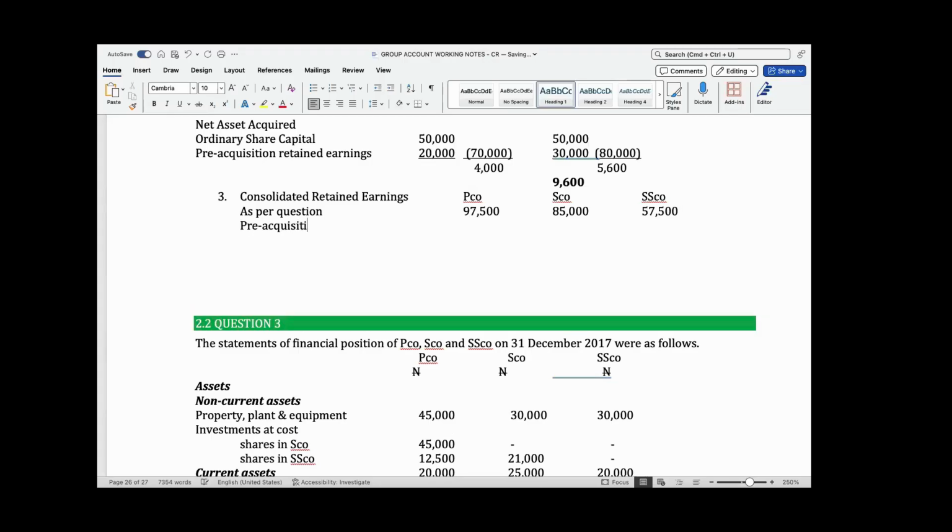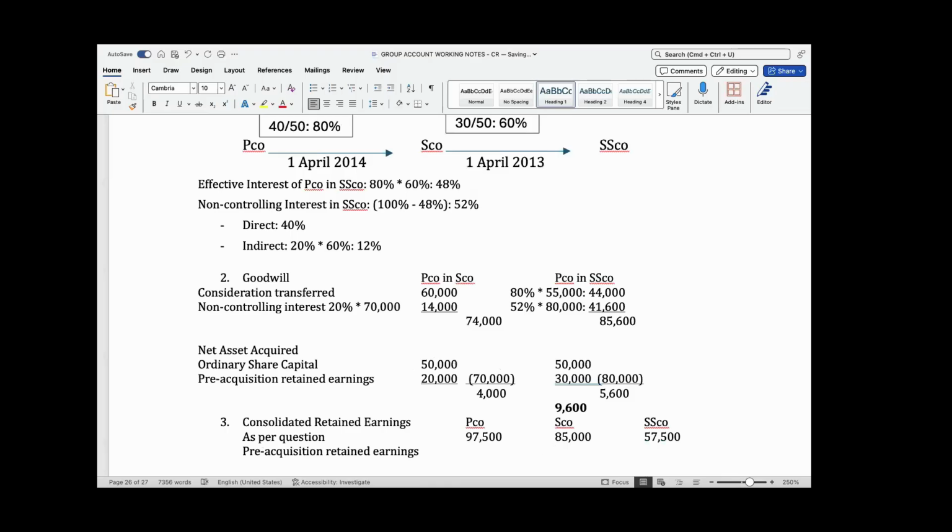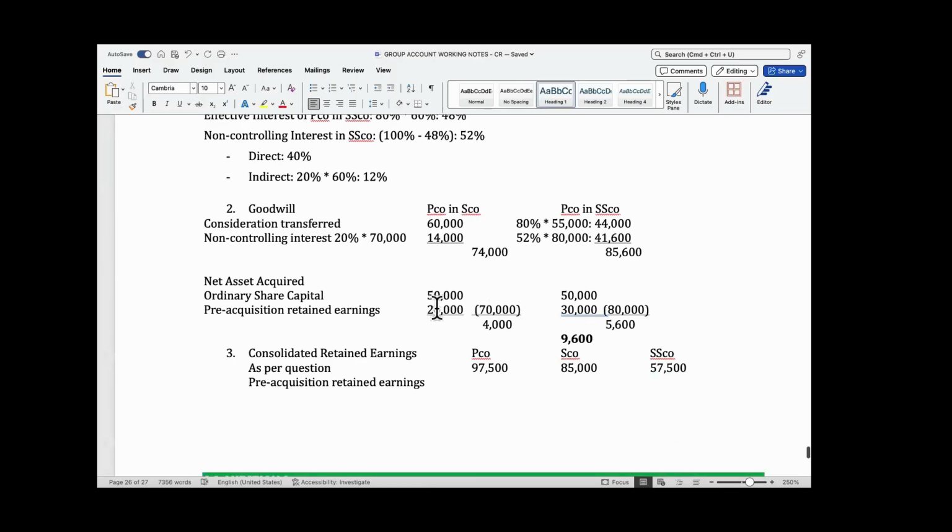Then the pre-acquisition retained earnings. That is already determined up here. This is 20,000 here, and this is 30,000 here.